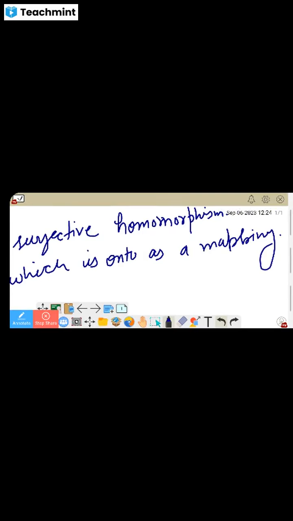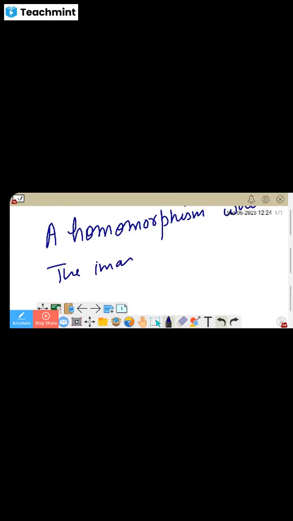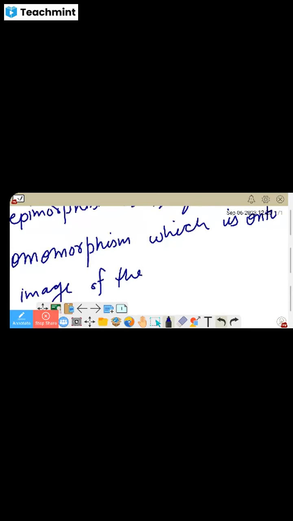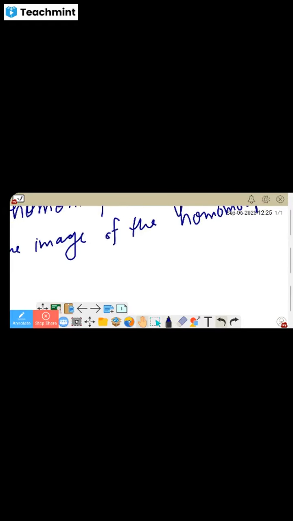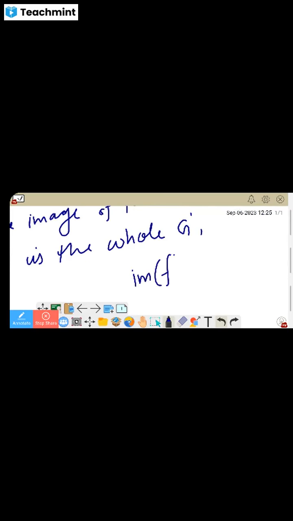In this case, the image of the homomorphism is the whole G dash, or we can define it as image of F is equal to G dash.